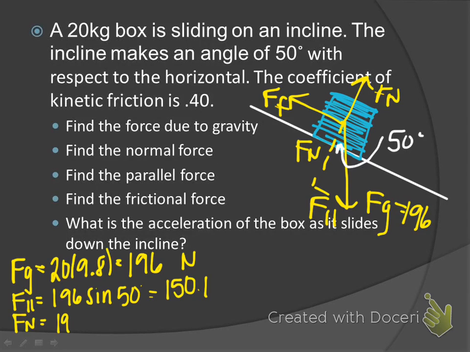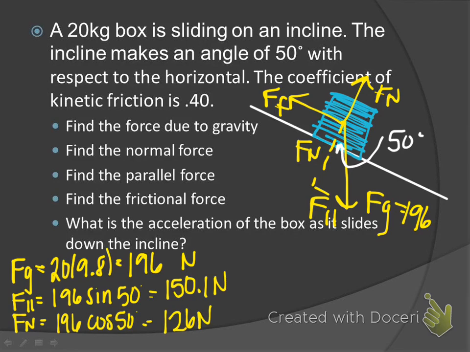The normal force is equal to 196 times cosine of 50 degrees. Now you can either solve for your frictional force ahead of time, or you can wait and plug it all in at one time if you want, that's totally up to you, okay?